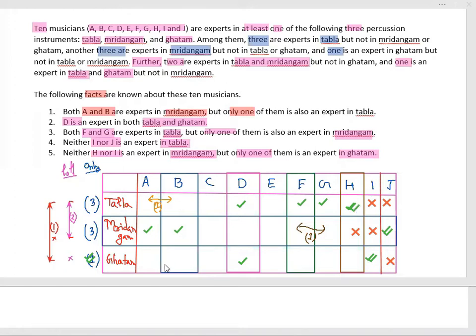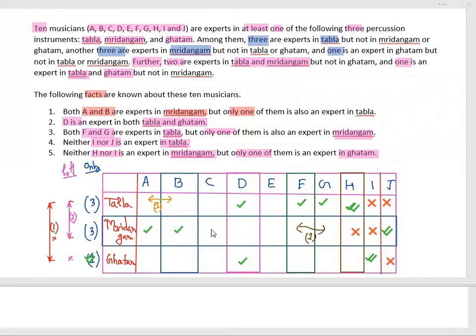Now the rest of the others: here a single tick for mridangam means AB have mridangam. One of them would be a double tick, that means only mridangam. So here only one of them should be only mridangam. This is only mridangam. This is not only mridangam. This is tabla and mridangam, any one of it.